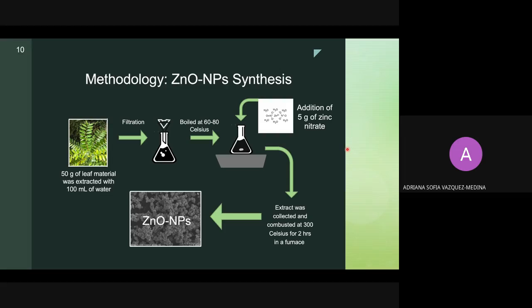After this addition, the product that was obtained from this was extracted and collected, combusted at 300 degrees Celsius, and left in a furnace for 2 hours. The resulting product were the zinc oxide nanoparticles that were used throughout the study.